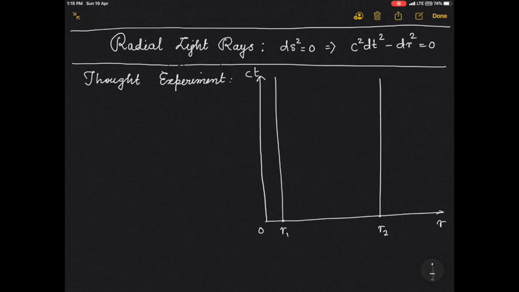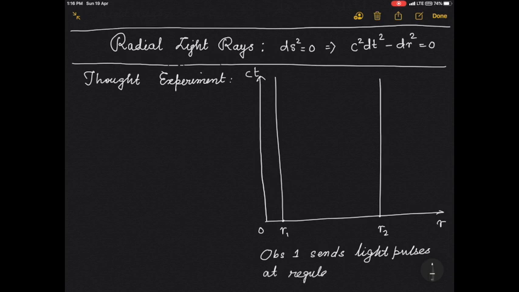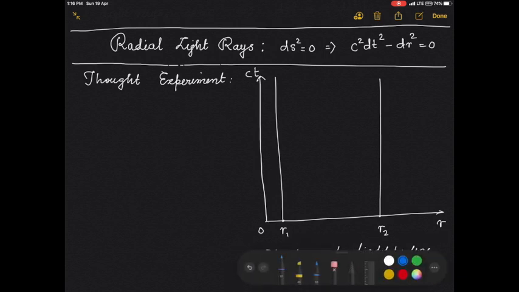So what are they doing? Observer 1 sends light pulses at regular intervals.